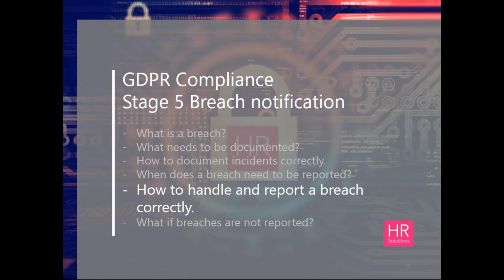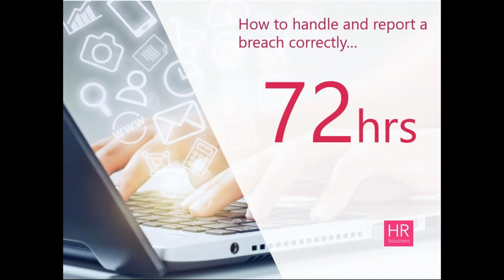So if you did meet those two criteria and you think, right, how do I notify the supervisory authorities about this? What do you need to do? Well, firstly, and probably the most important thing to be aware of, is that if this is actually a breach rather than an incident, you have only got 72 hours from awareness of the breach to get it notified to the authorities.